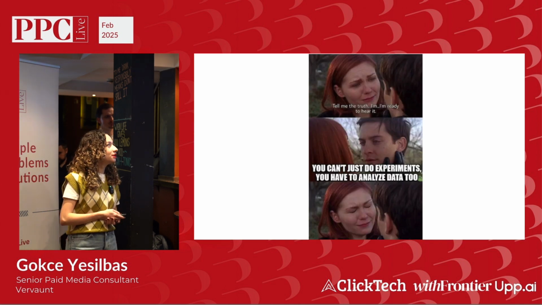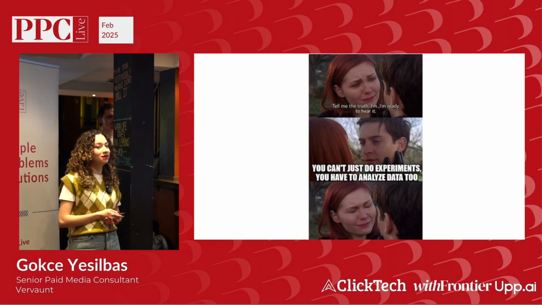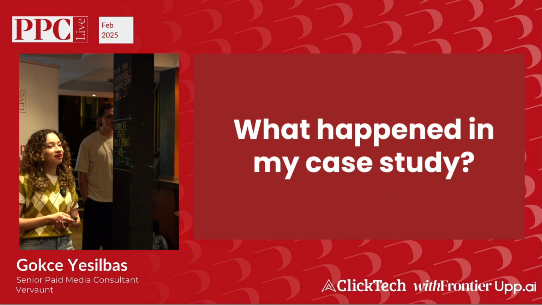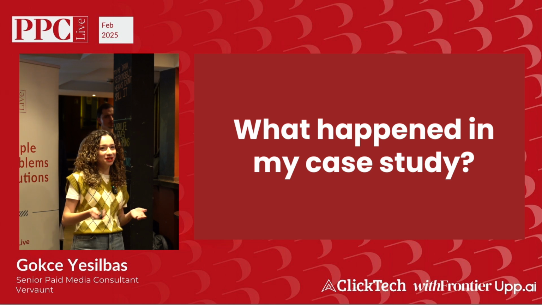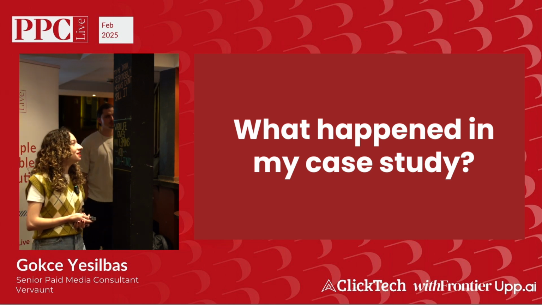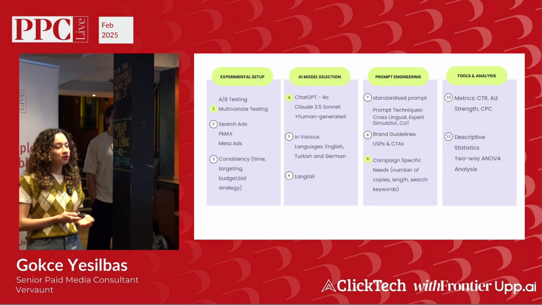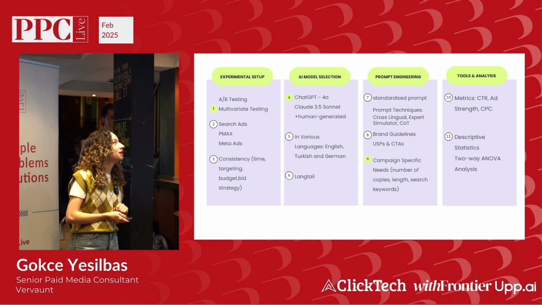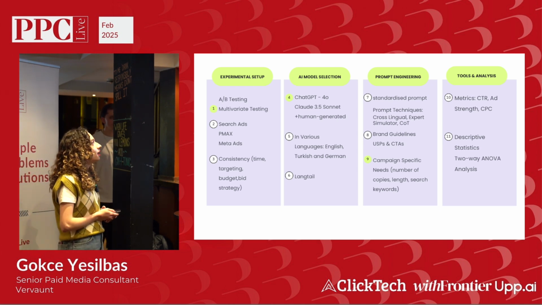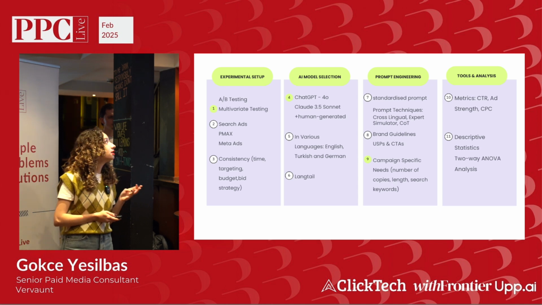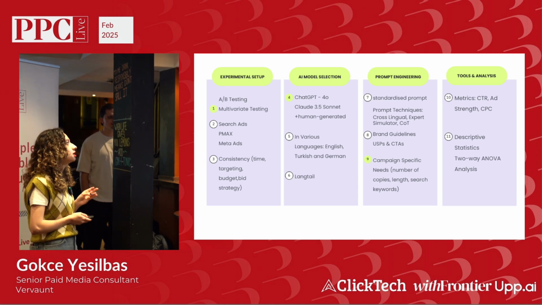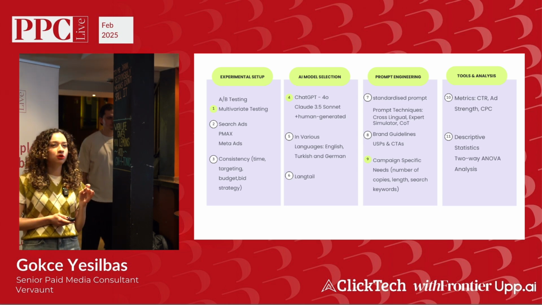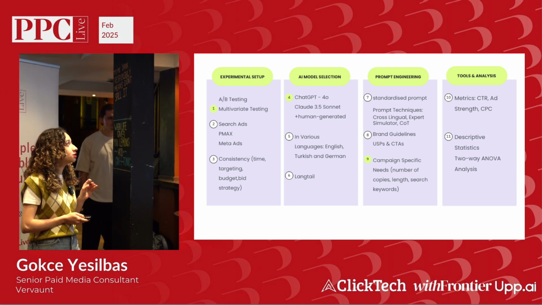So we also need to analyze our data, and I ran ad copy testing with AI models. Here's a brief of my testing. I will keep it short. I ran the multivariate testing in Google search ads over a 40-day time period in a medium-level budget campaign.